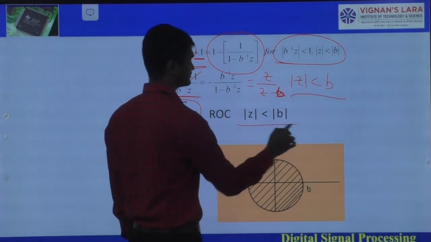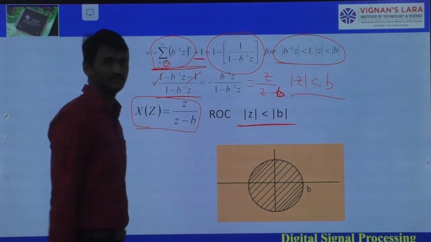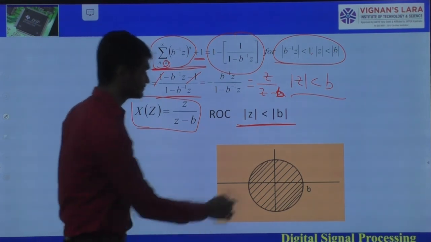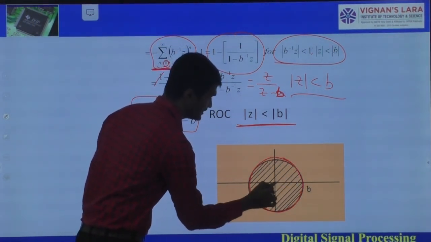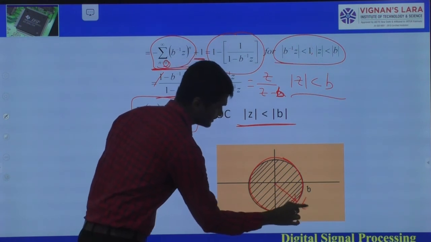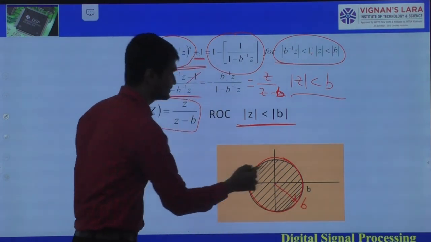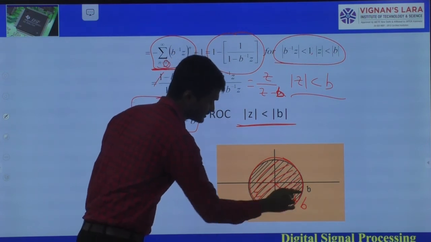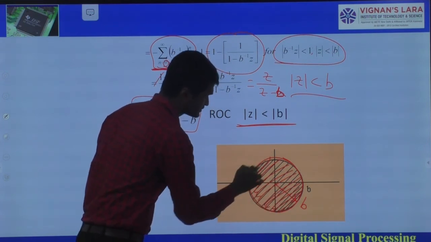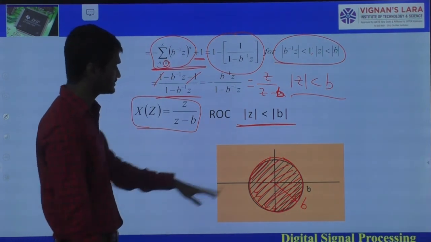The ROC is mod z less than b. Mod z less than b means we have to draw the circle with radius b, and the ROC is inside that circle with radius b. This is the ROC.